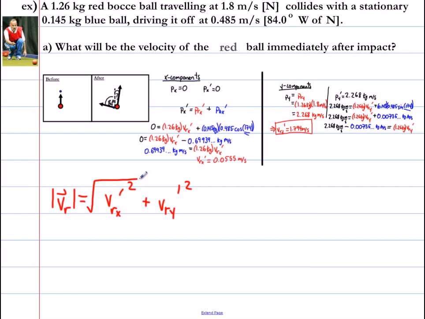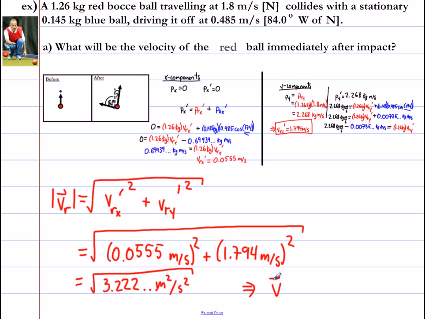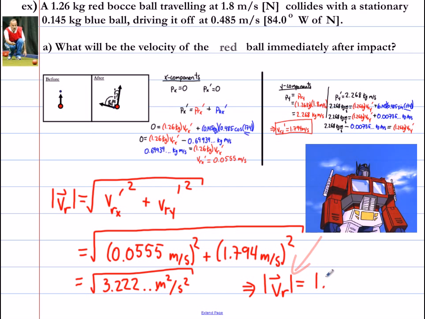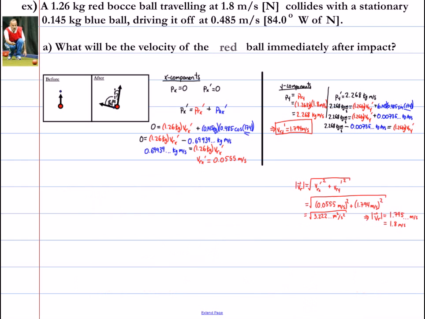This will give us the final speed of the red ball, post-collision. The inside there we get about 3.22, and the units are meters squared per second squared. When we square root it, the units will work out to meters per second. So the magnitude of the red ball's velocity after the collision is 1.795, some other digits, meters per second.